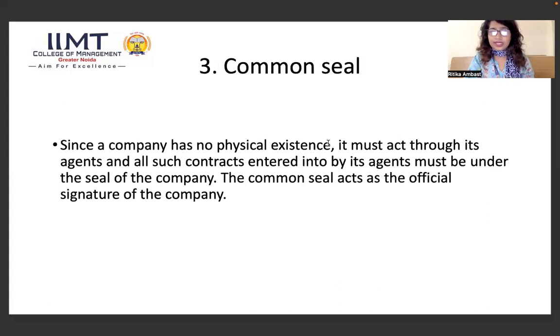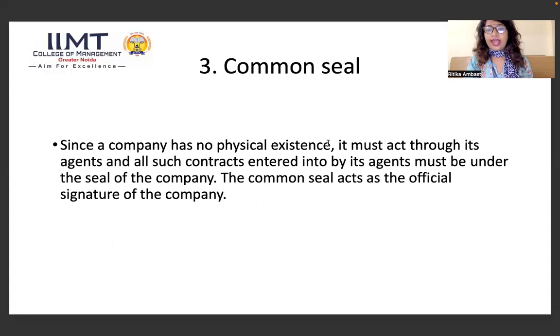The next feature is the common seal. What is a common seal? As we have discussed earlier, a company is an artificial person and it has no physical existence. It must act through its agent, and all contracts entered into by its agent must be under the seal of the company.